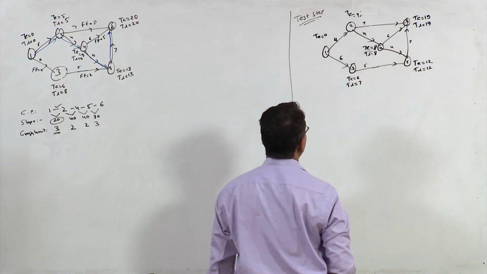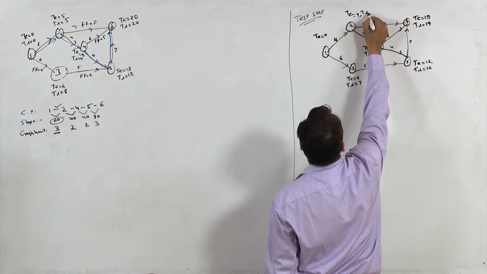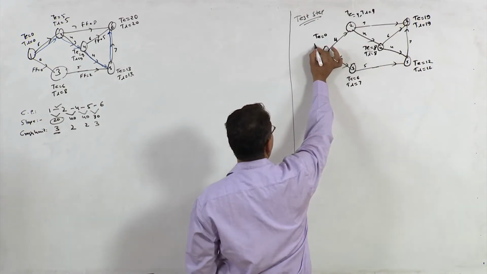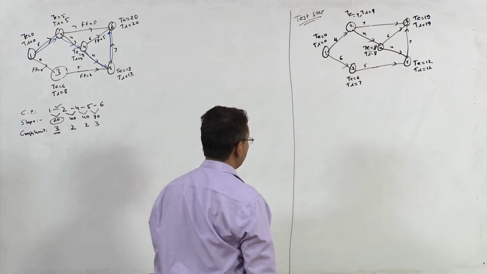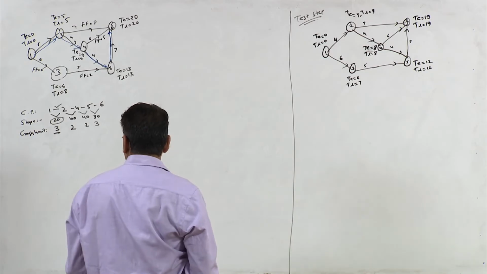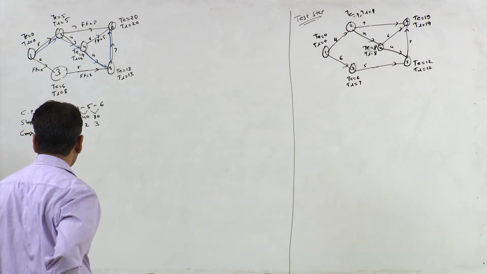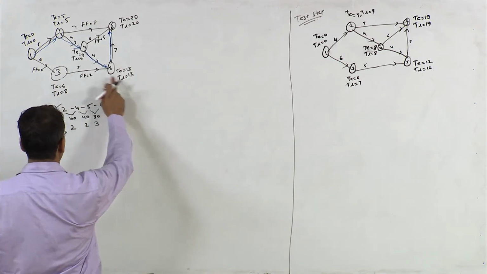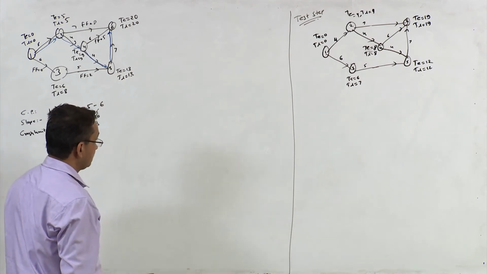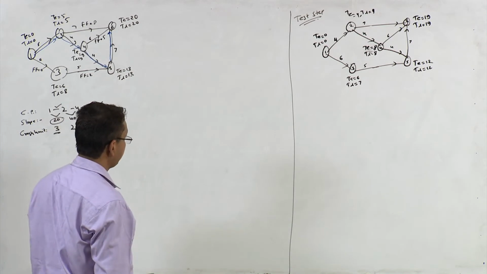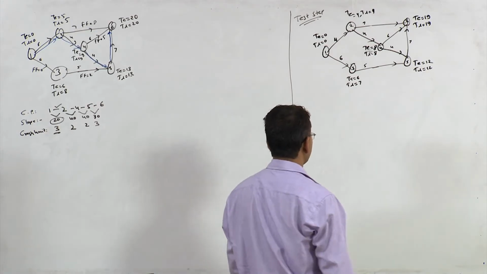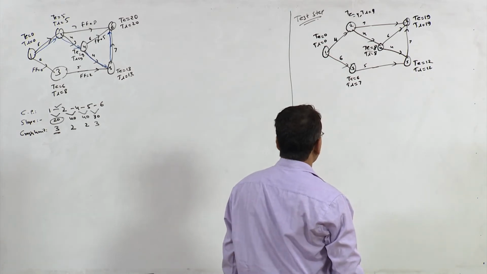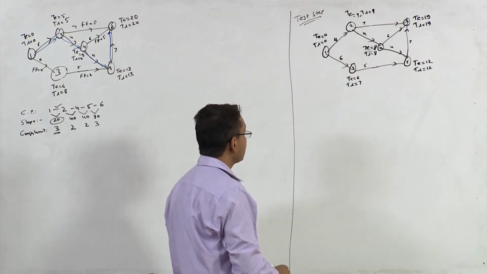This is 12 minus 4 is 8, TL at this point would be 8 minus 4 is 4, TL at this point is 0, right. Free float, it was 8, 13 minus 5, it was 8 here, so this is 12 minus 5, 7, okay. So we have calculated all TE's and TL's.